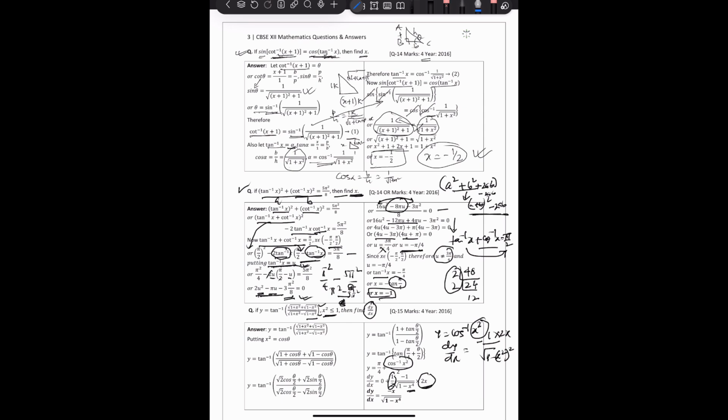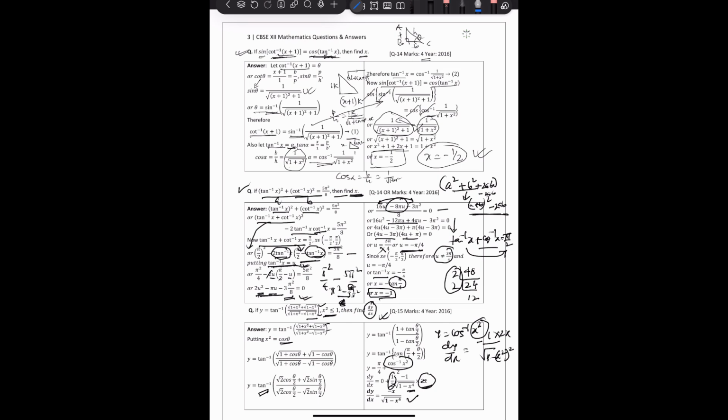2 cancels out, minus x by root over 1 minus x to the power 4. This is the value of dy by dx that we had to find out. So in this equation, first of all the numerator by denominator is complicated, so by the substitution method we transform this ratio. Once the ratio is transformed, the rest is just simplifying, because inside we have tan inverse.